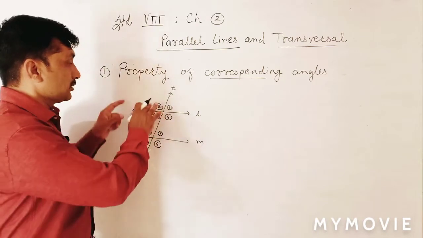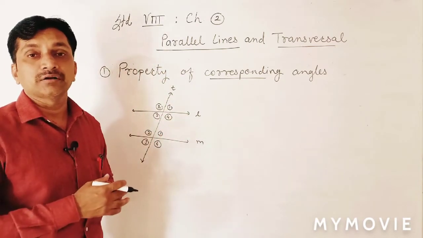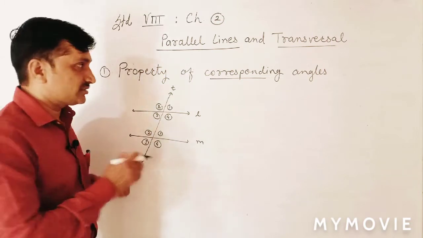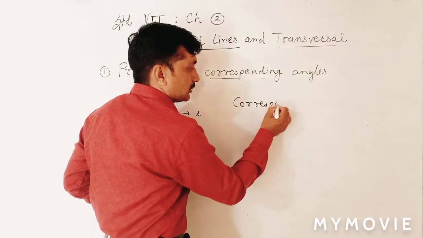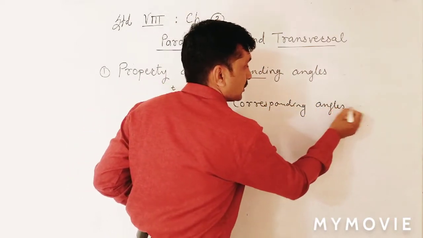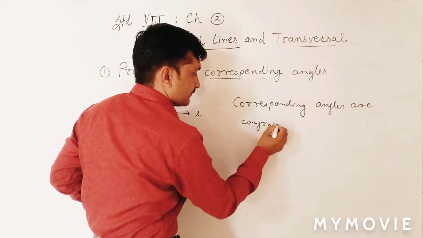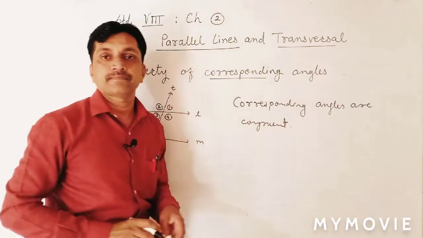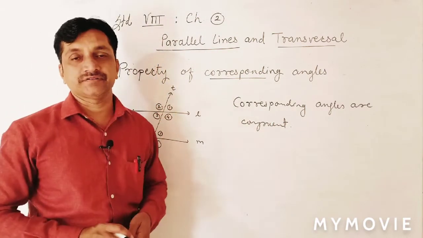The property is that all pairs of corresponding angles are of equal measure. Means corresponding angles are congruent. This is the property of corresponding angles.